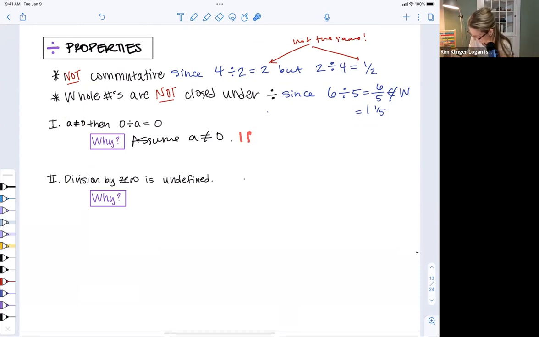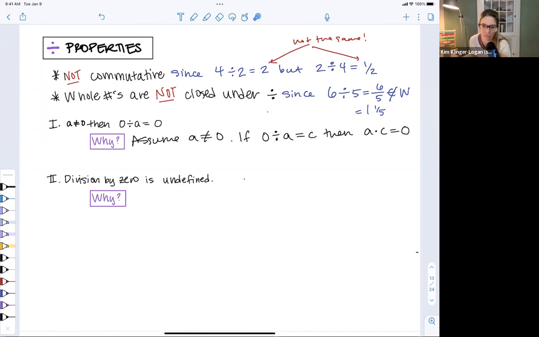Well, if 0 divided by a is some constant, we don't know that it's 0 yet, but we're asking about 0 divided by a, then that means a times c should equal 0. That's exactly what my missing factor approach says. If I move this over here, a times c should equal this.